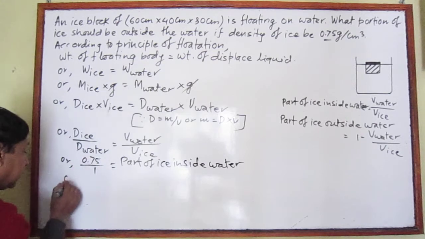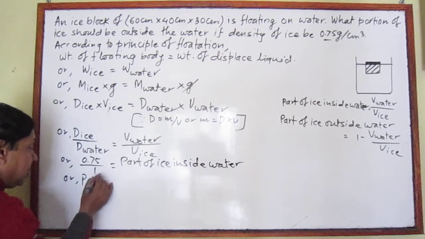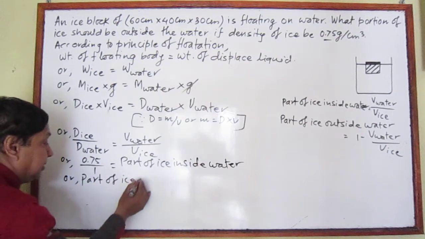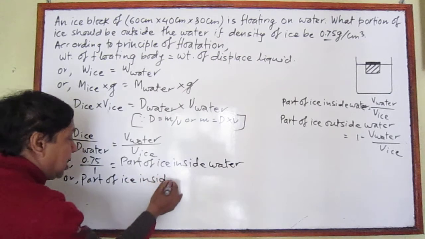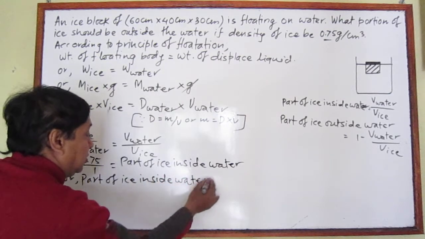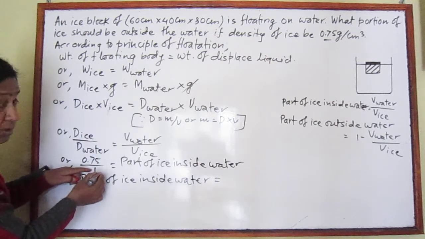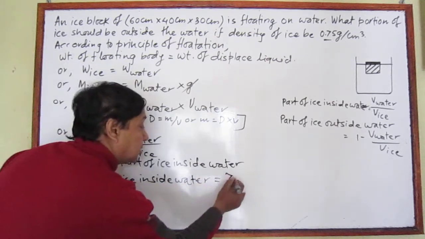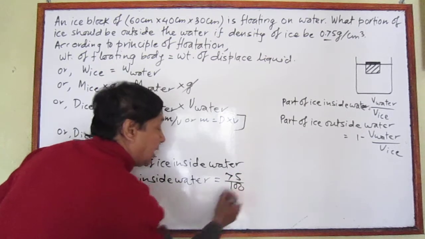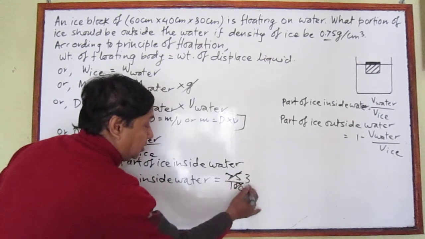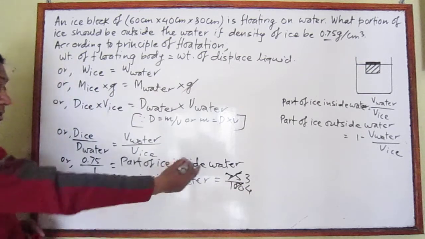Now next, the part of ice inside water is equal to 0.75, which we can write as 75 upon 100. 25 threes are 75, 25 fours are 100. This is 3 by 4.